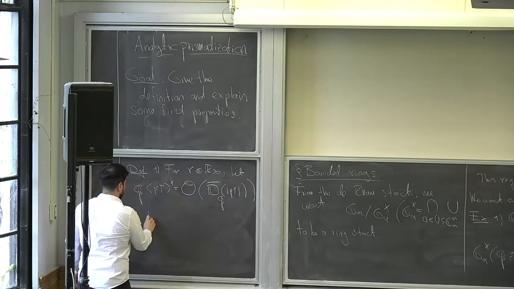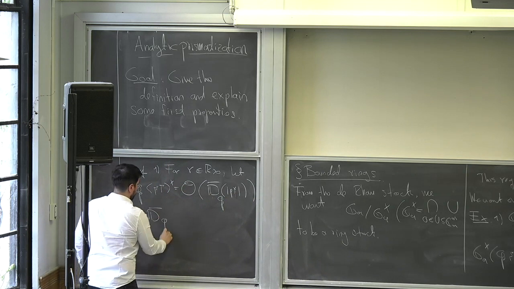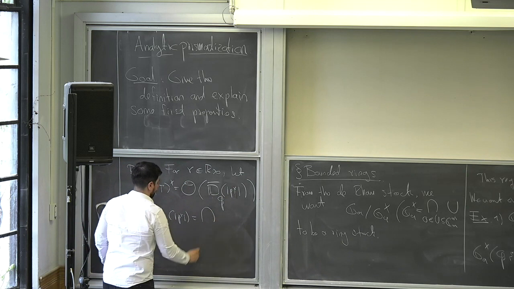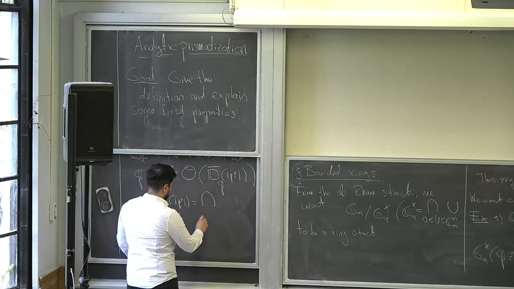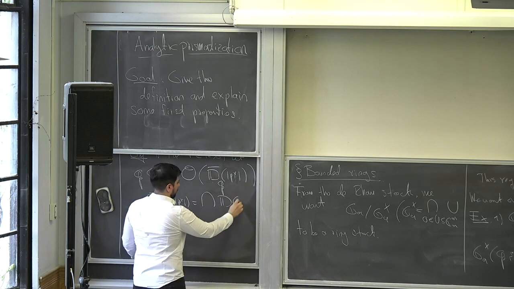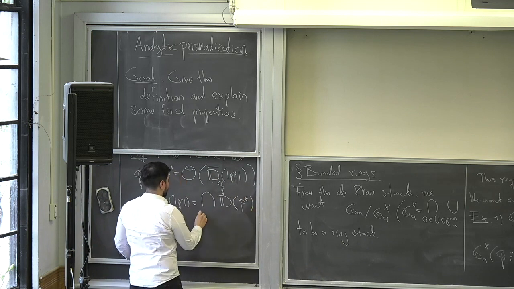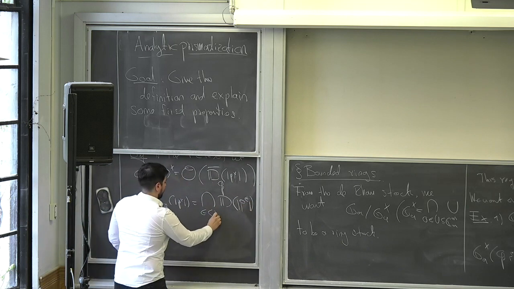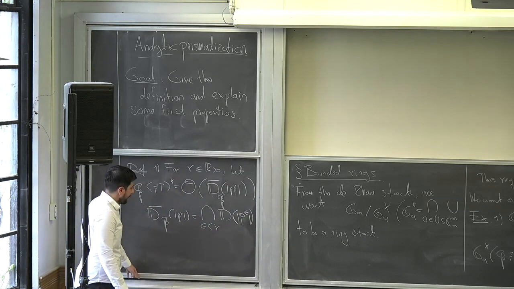This one, again, is going to be the intersection of all the affinoid disks of radius R plus epsilon.